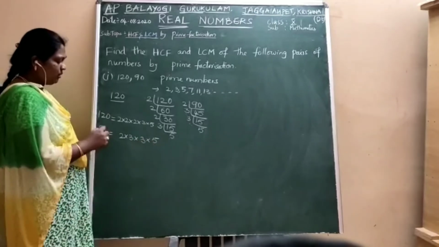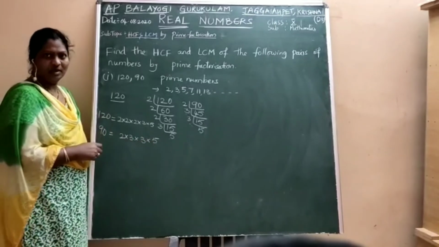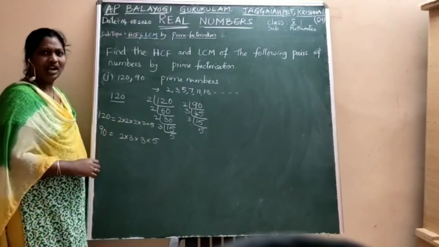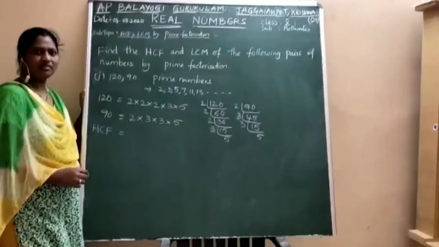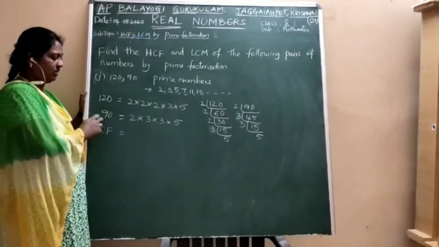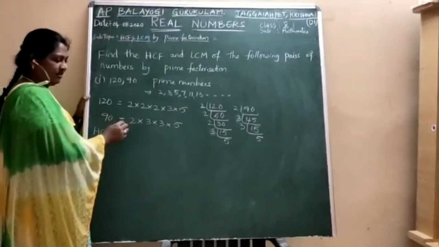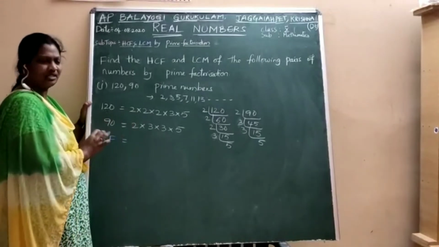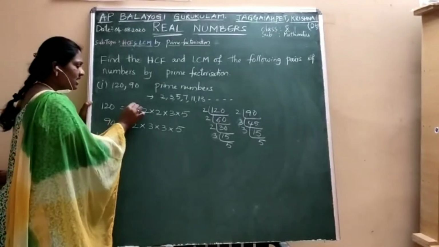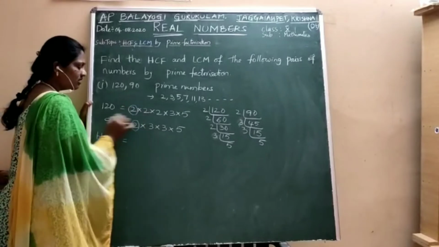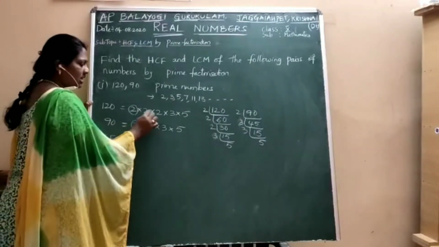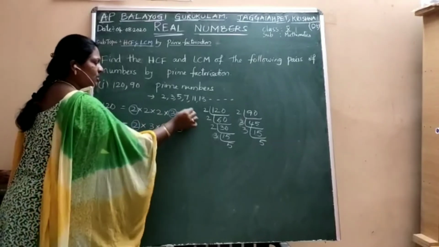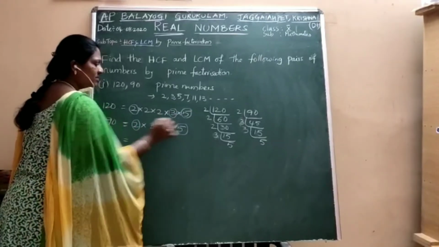So how do we find the HCF? By writing these products of primes. See all of you here. What are the common numbers as factors? 2 is here and here. Again 3 is common here and here, and 5 is also common.